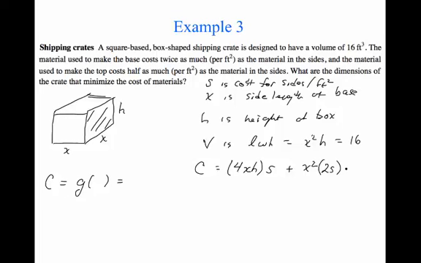What's the top? The area is X squared, and it's going to be half as much to build the top. So that's going to be the general structure of our function.